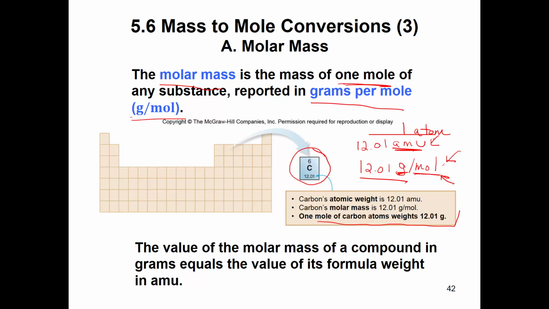So the molar mass is equal in value to the formula weight in AMUs. You'll see people use these interchangeably. Once we get past talking about the difference, that it's a mole of it, which means you have 6.02 times 10 to the 23rd of them, you're just going to be using the molar mass.